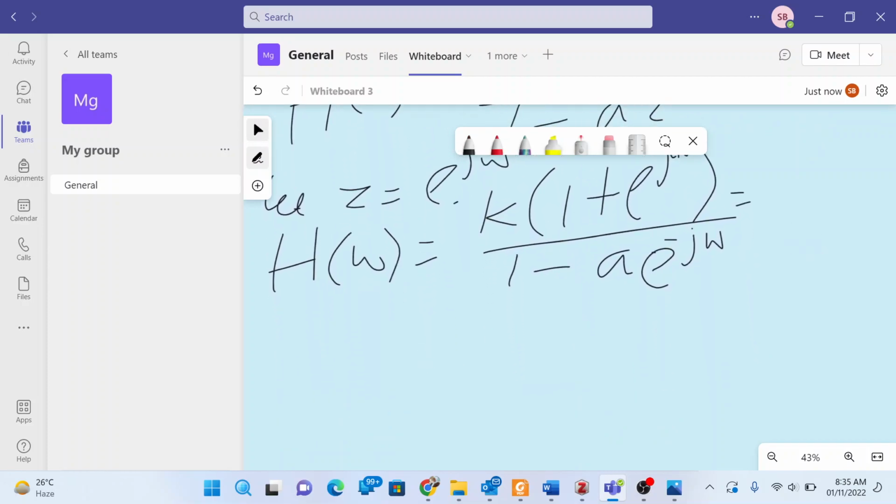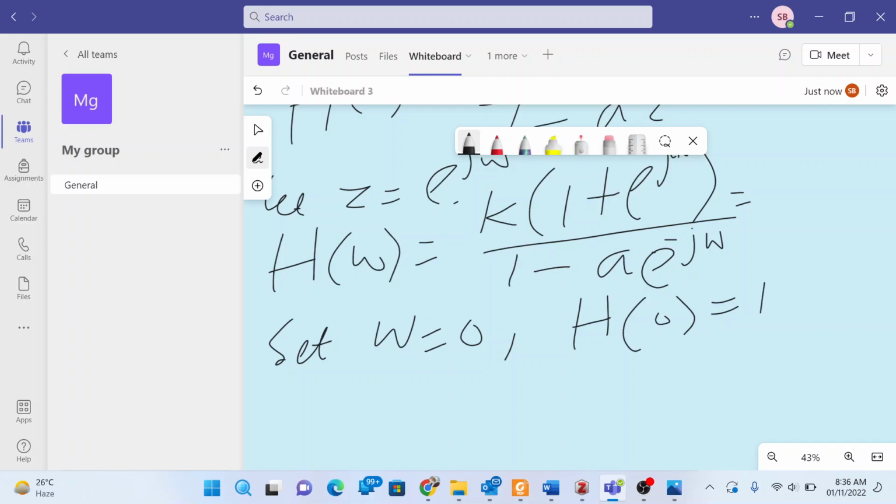So what we do at this point is that we are going to get the value of this response H omega at omega equals 0. That's the general expression to get the value of K, because we need a value for K. So we set omega equal to 0, and at omega equals 0, H of 0 is equal to 1.